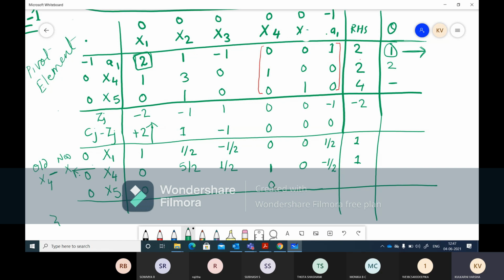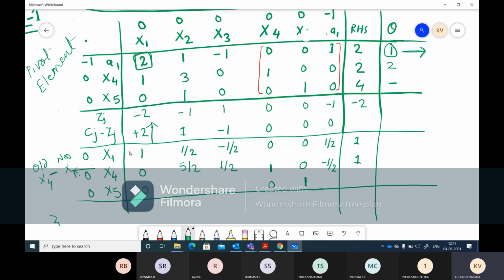Let us quickly check over here also. If you multiply this 0 by 0, 0 minus 0 is 0, correct. Now check it over here also. You multiply this 0 by 0 and then subtract from the 1, so 1 minus 0 is 1.